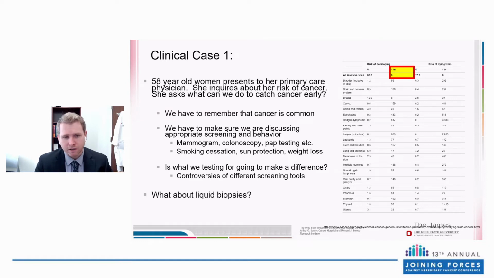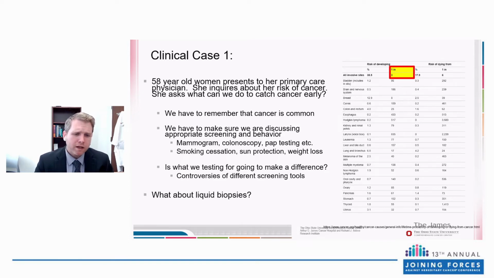So when I'm prioritizing this particular case with a patient, I'm talking about what I know has a potential impact on catching cancer early and also management of the cancer. And those are things like mammograms, colonoscopies, pap testing, et cetera. So these are all screening tests looking for particular cancer types. I'm also talking about behavioral modifications that can help to prevent cancer from developing. These are things like smoking cessation, sun protection, and weight loss.